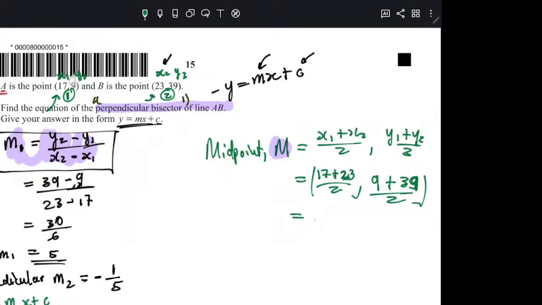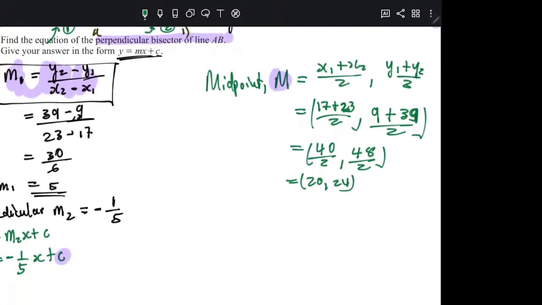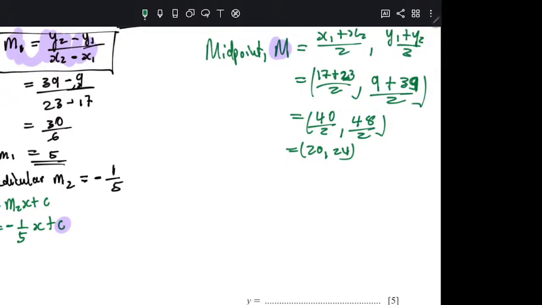Which is here 40 over 2, comma, here it is 48 over 2, which is 20, comma 24. So you have 20 and 24.